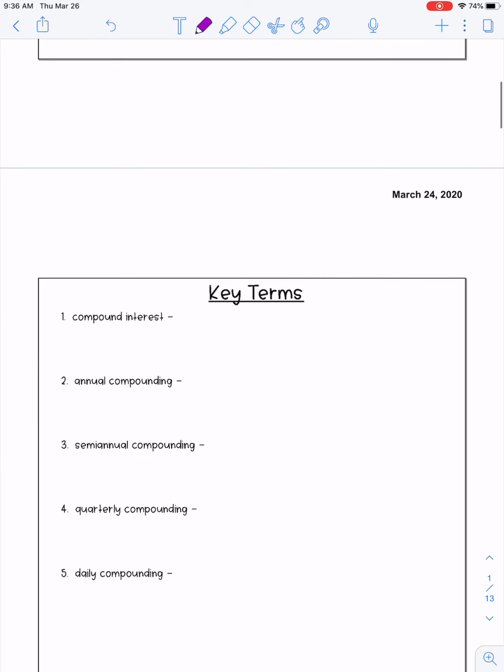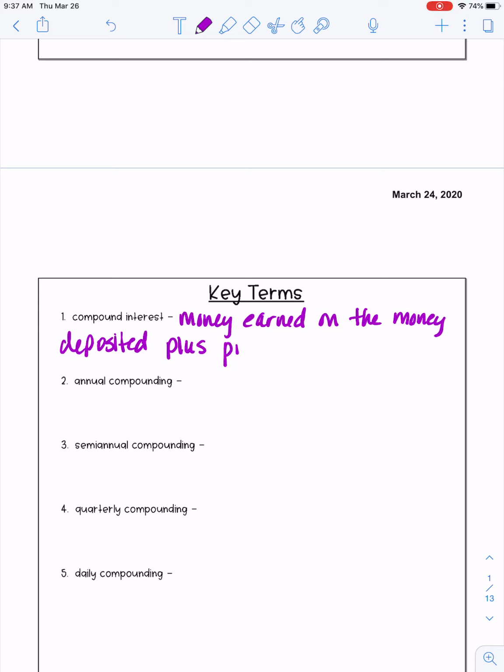So let's look at the definitions I asked you to look up. We know what compound interest is: money earned on the money deposited plus previous interest. That's a very simple way to say it. Annual compounding is just interest compounded once a year.